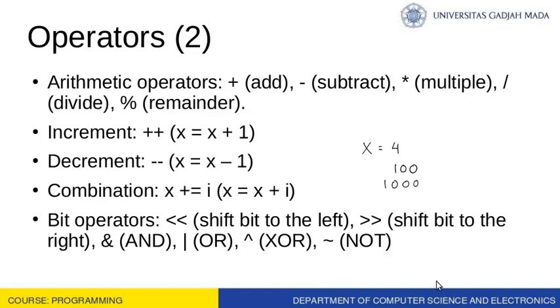If you shift the bits to the right, then you will have 1 0.